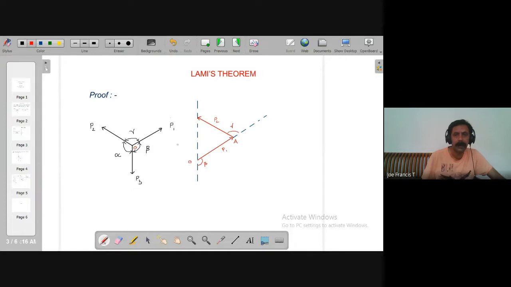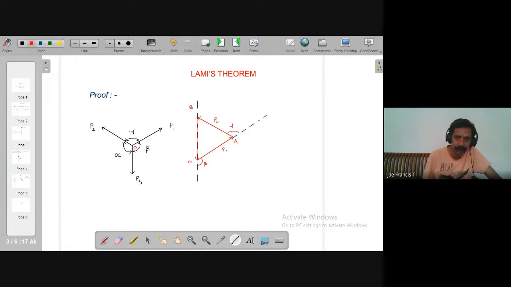This is gamma. I suppose this point is B. Right. So you represented the two forces P1 and P2 as vectors. Now, since these are in equilibrium, the third force P3 should always be vertical, right? It should definitely be from B to O.